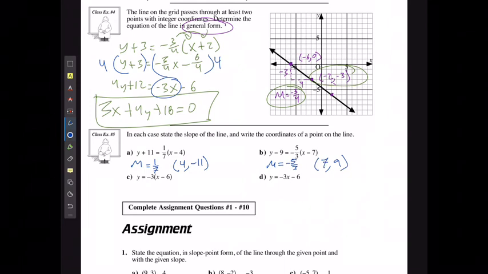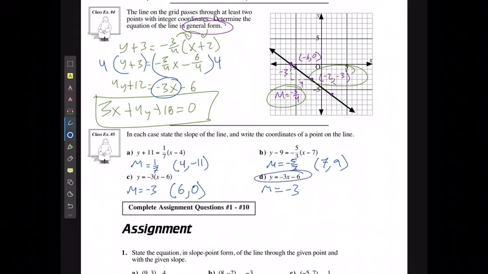Down here, I'm going to have y is equal to negative 3x minus 6. Well, the slope is still going to be negative 3, and the coordinates, if it's x minus 6, it's going to be positive 6, and if y does not have another number there, that would be the same as minus 0. So I have the point of 6 and 0. And for the last one, I'm going to wind up stating that here I have a slope of negative 3.